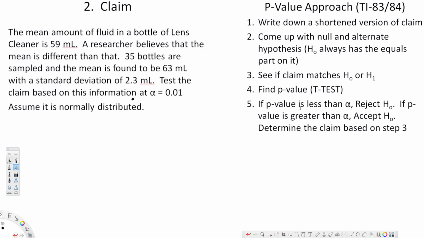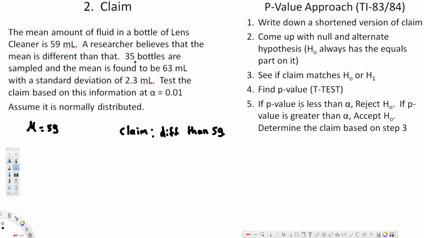So here we are trying to test the claim. Let's write the given information first. They have given the mean value, so mu is equal to 59, and a researcher believes that the mean is different than that, so this is our claim: different than 59.